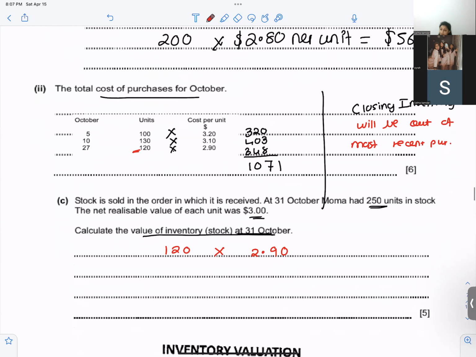How many units do you have now? 250 minus 120, you have 130. And you'll take 130 units, and it can be valued at cost or NRV, whichever is lower. So we value at 3 because it's lower.